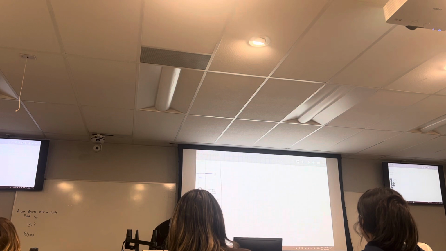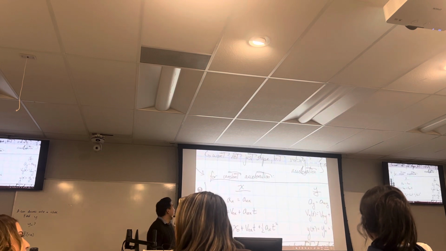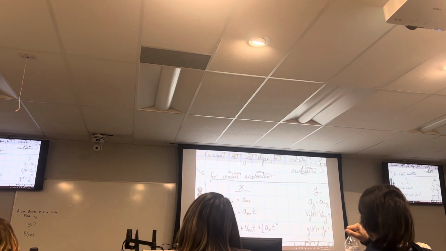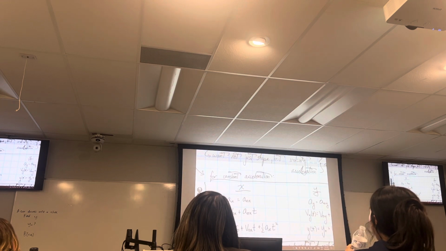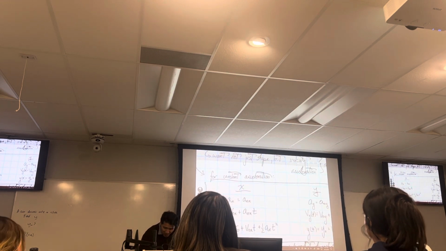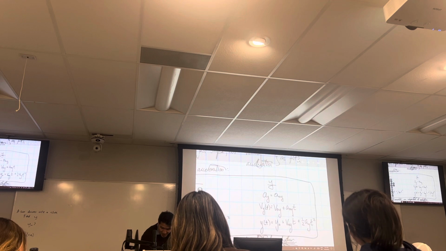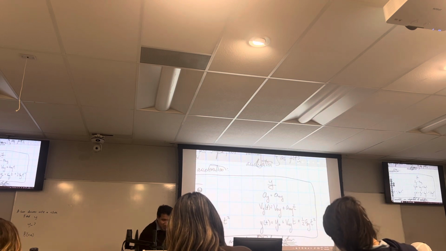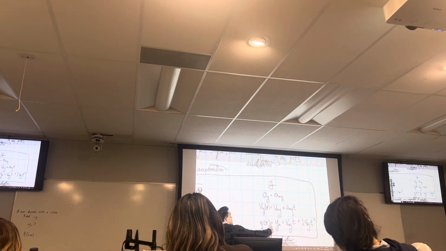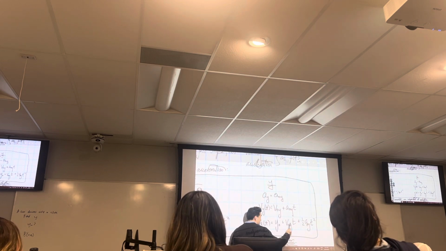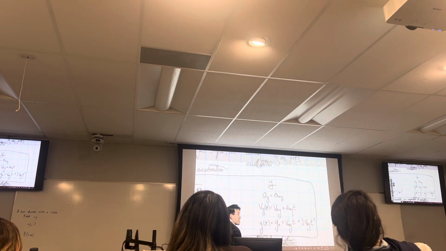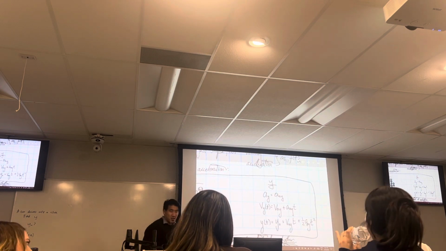So, initial condition, do you guys see here? Initial acceleration, initial velocity, initial position. I forgot the knots there. On the y, you have initial acceleration, initial velocity, initial position. You guys see that?